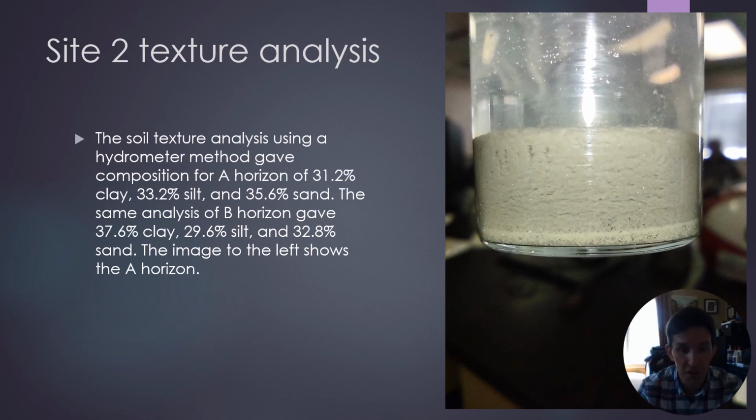We should trust more in a more precise method using hydrometer that give us results that we have. So this was to be expected. I did not expect to find a clay condition. I expect to find quite a lot of silt and clay, and that's what we did find in this location.